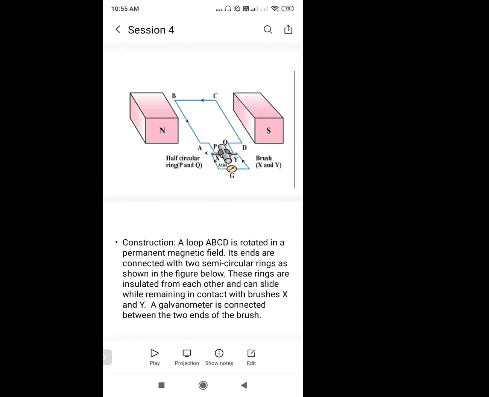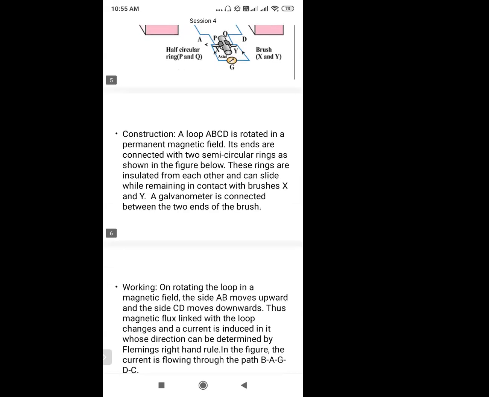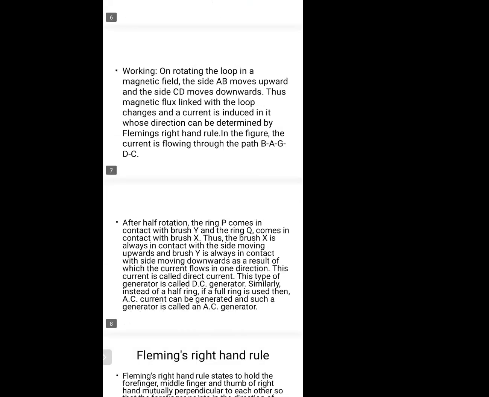If there is any current, the galvanometer shows deflection. It means there is flow of current. That is why the galvanometer is connected. I have explained the construction and how it works. To rotate the loop in a magnetic field, you provide mechanical energy.